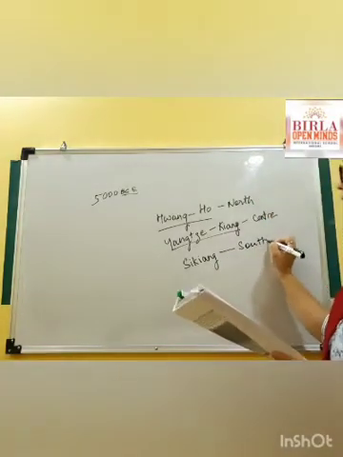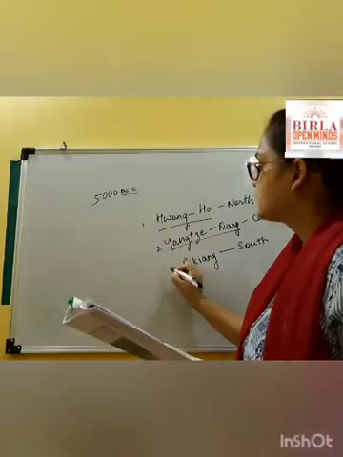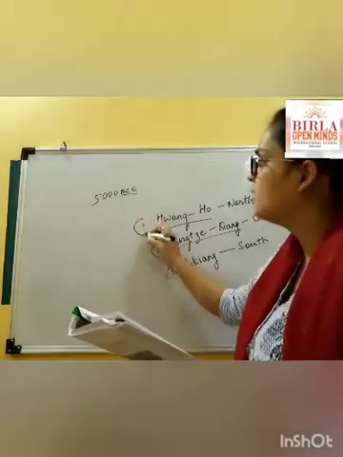Okay, these are the names of the rivers. Now these are the three rivers around which the Chinese civilization actually developed.